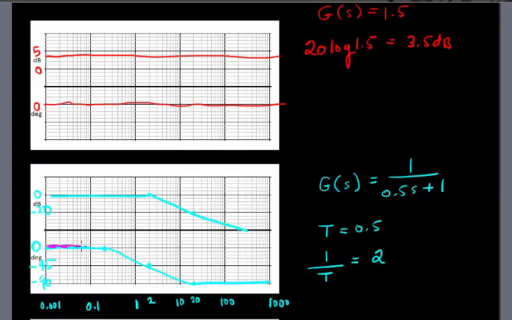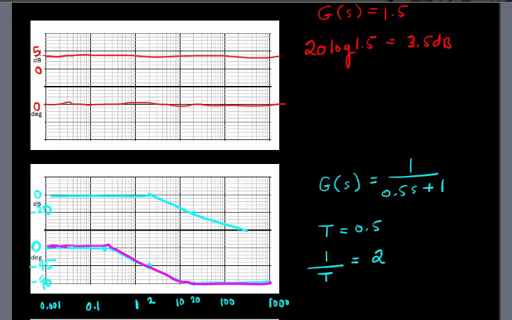So I'm going to draw the phase for the total, and it is the same as the phase that's already there. For the gain, 0 dB plus 3.5 dB is going to be 3.5 dB. And when I get to the sloping part, everything goes up by 3.5 dB.